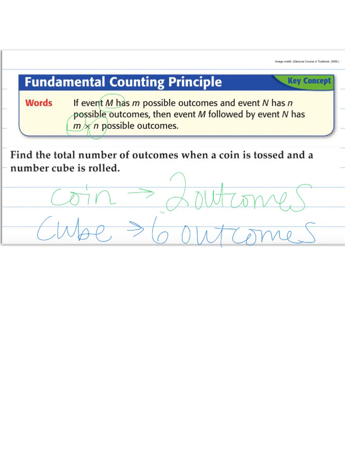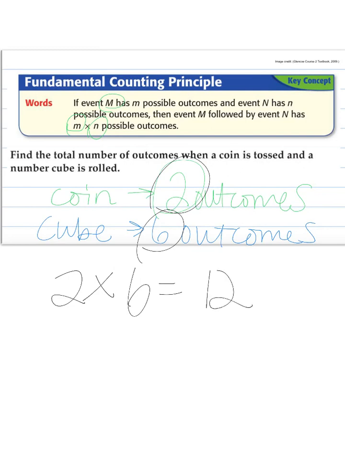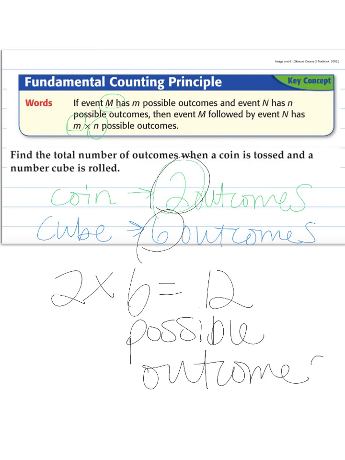So if we take the 2 from here times the 6 from the number cube, that tells us there's 12 possible outcomes, which we could prove is true by creating a tree diagram, which you could, and you could test it.